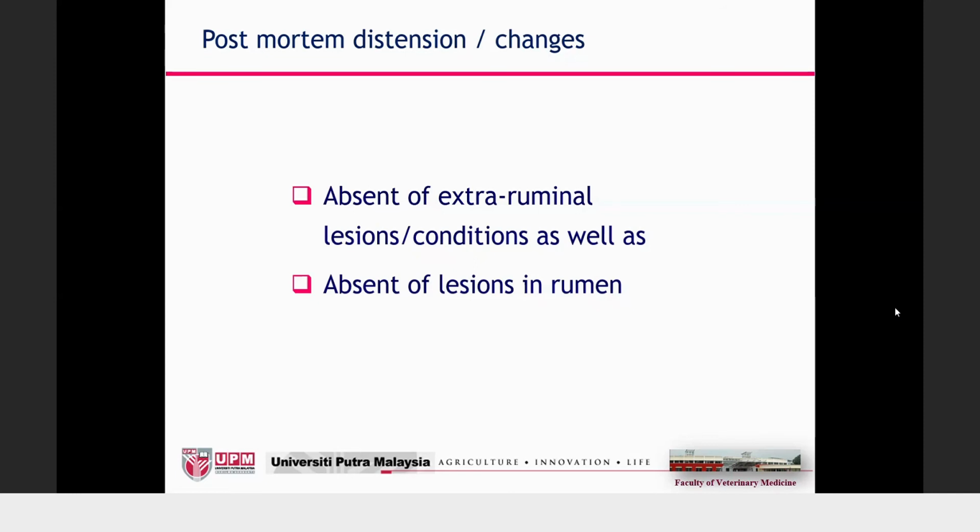When we talk about lesion, we talk about those 10 types of lesion, or 10 types of tissue response to injury. We must establish that. Meaning that when you look at changes, you straight away ask: is it a lesion? Is it postmortem change? Is it agonal change? You have to establish that.